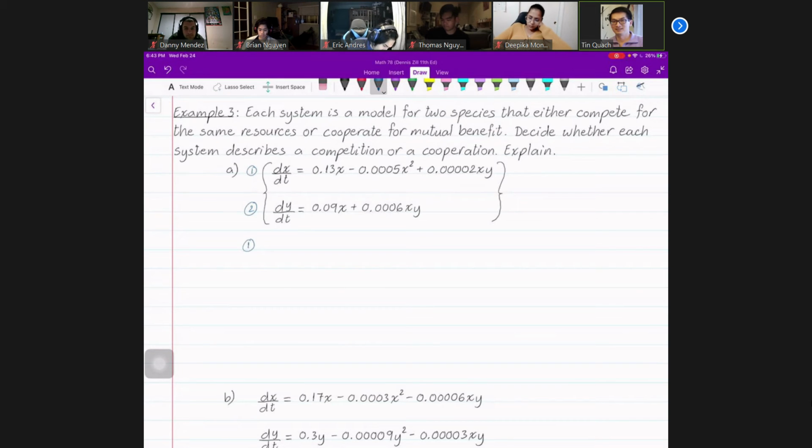So that means with the presence of y, what can you tell me about dx/dt?